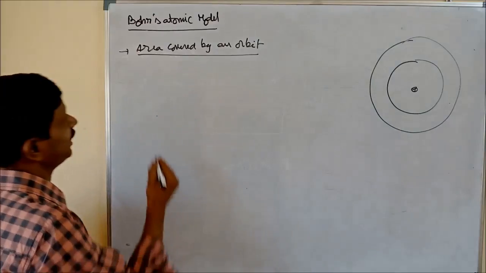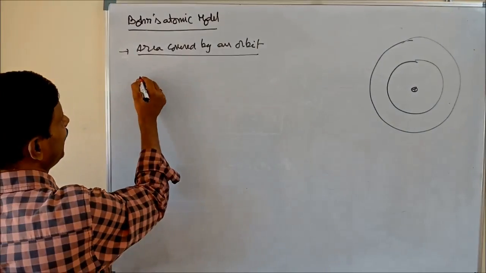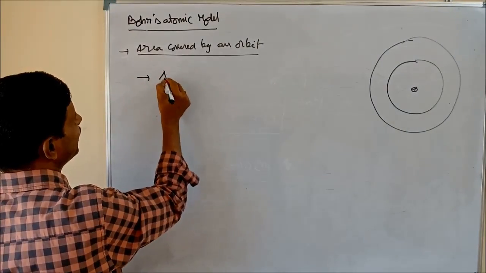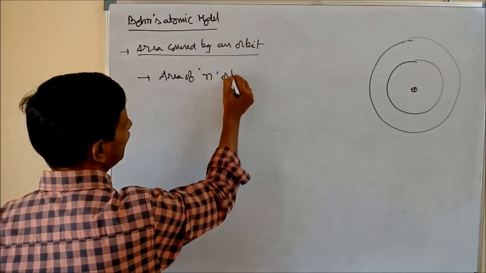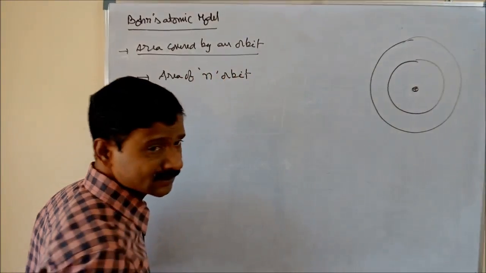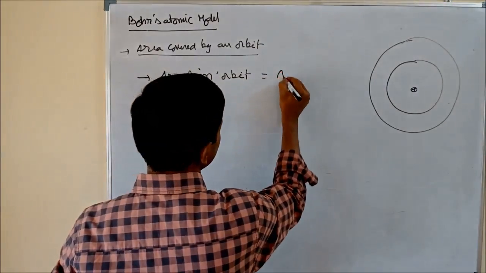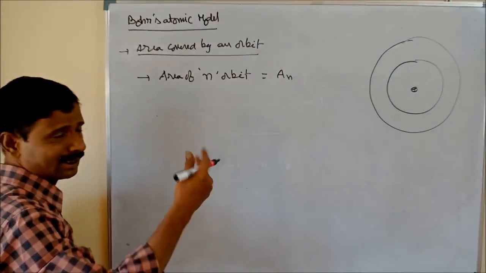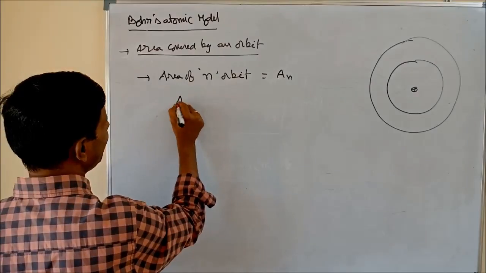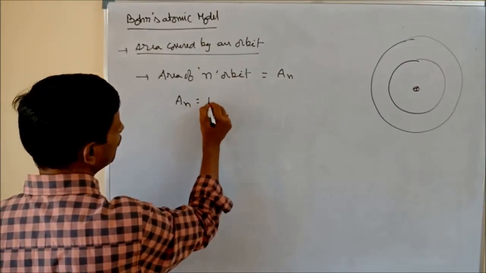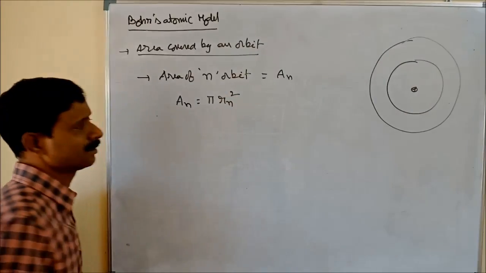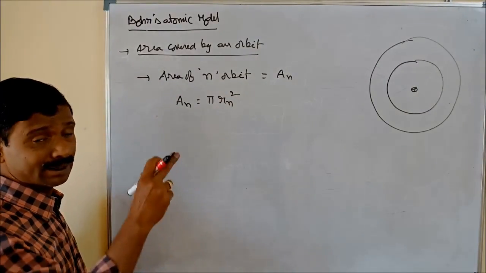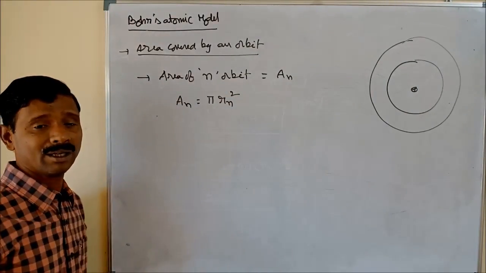For that, since they are circular, as you know the formula, the area of the nth orbit, let it be An, will be equal to pi Rn square, where Rn is the radius of that particular orbit.